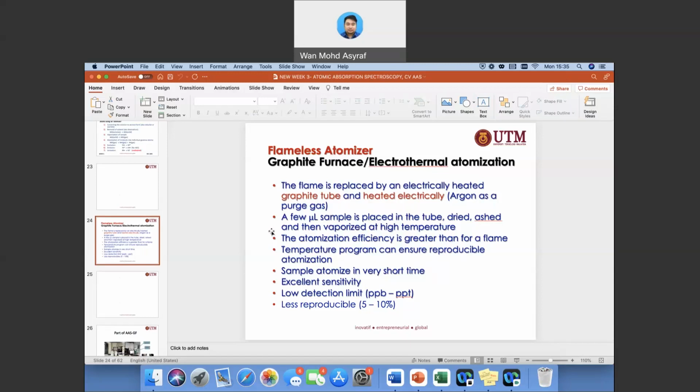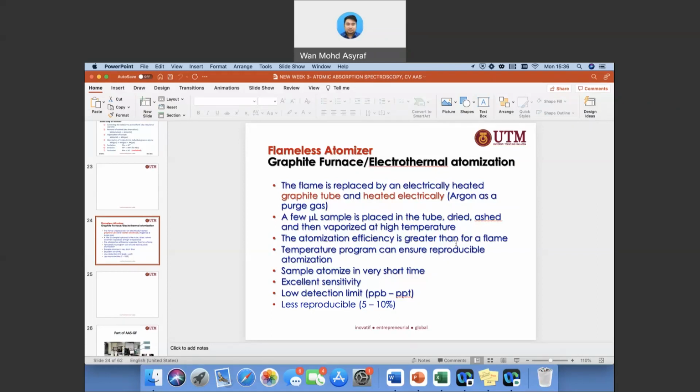So you imagine that in the flame case our sample needs to be aspirated and dissolved. But when you are using a graphite furnace, it doesn't need to be aspirated, and it doesn't need to be in liquid form. It can also be in solid form, because a few microliters of sample are placed in the tube, dried, ashed, and then vaporized at high temperature.